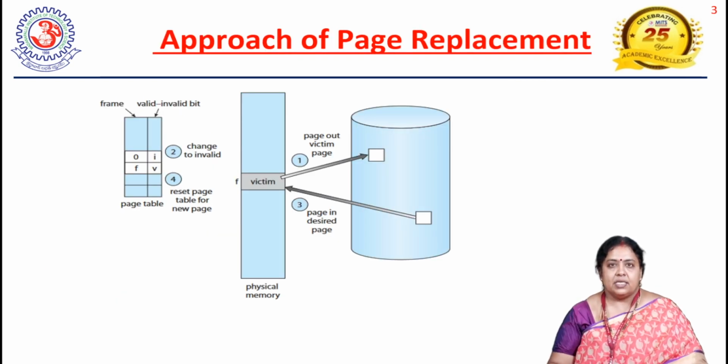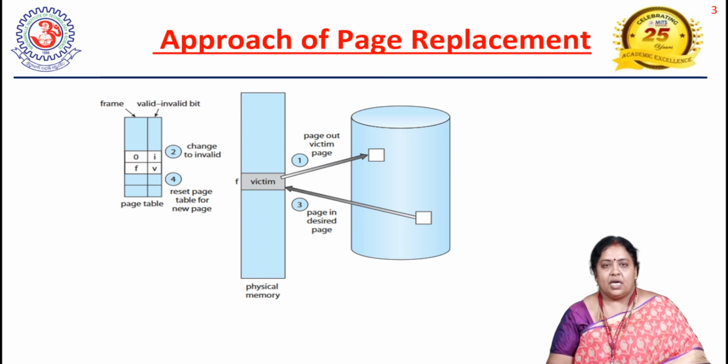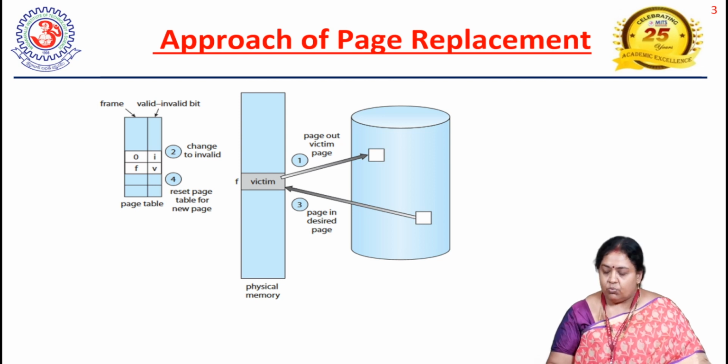Coming to the basic approach of page replacement, actually there is a technique that we have discussed, what we call it as a virtual memory technique, which allows the execution of a process that is not completely in the main memory. So what happens, the process will be loaded in the hard disk.